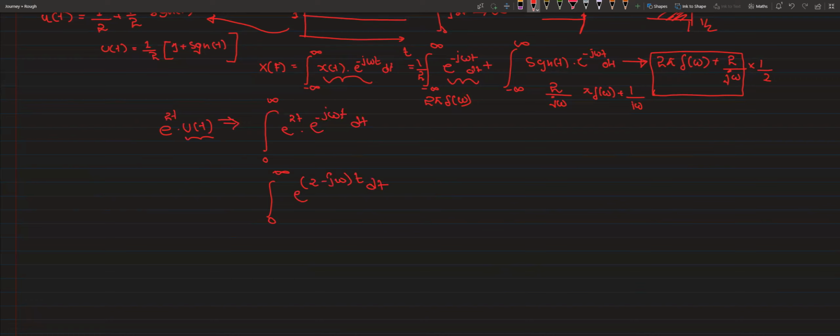So what is the formula? It is e power (2 minus j omega)t divided by (2 minus j omega), from 0 to infinity.